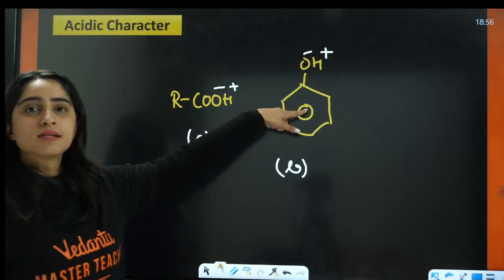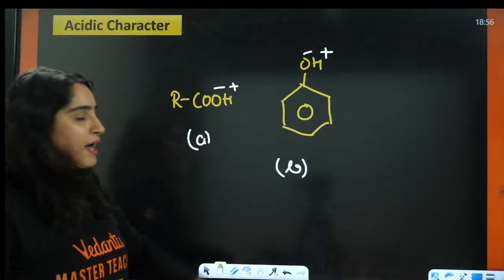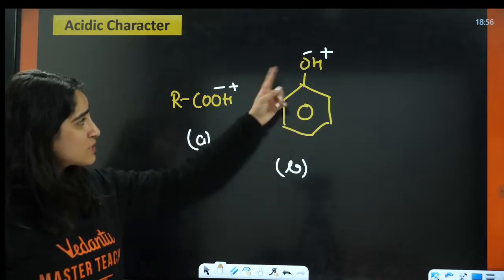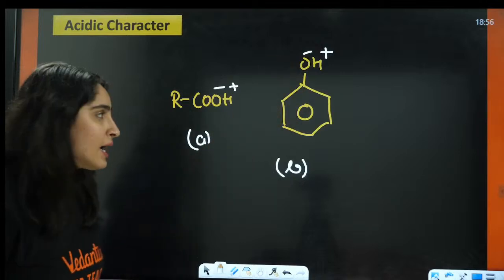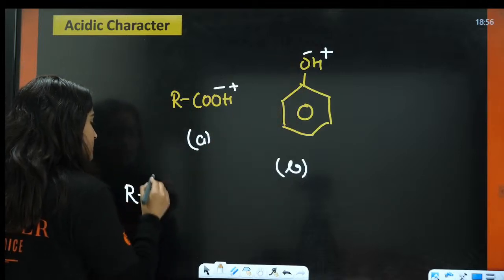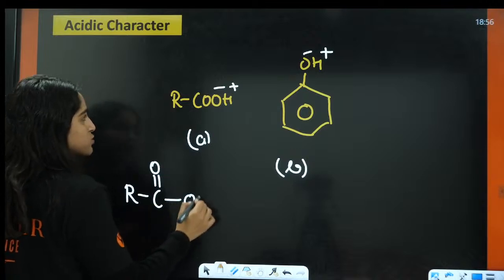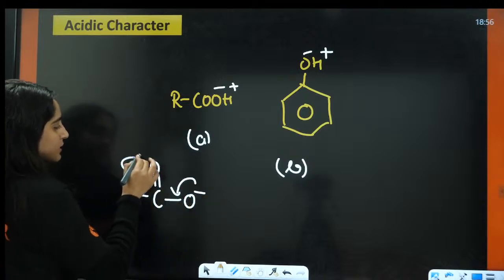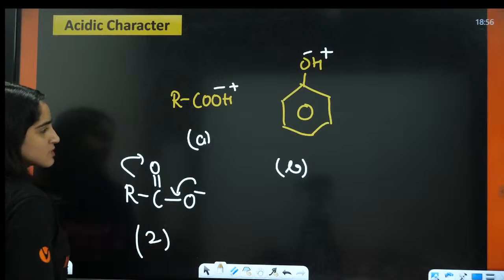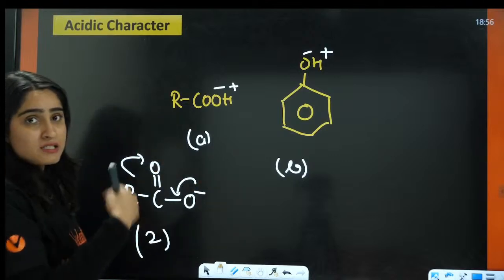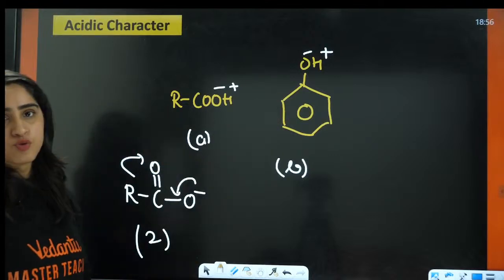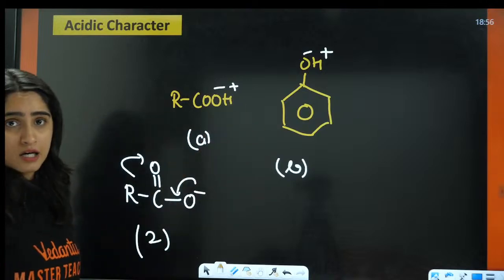Here, ma'am, we can see the resonance. Here, we cannot see the resonance. Here the resonance is throughout the ring. Here we see resonance only like this, not complete resonance. It has only two resonating structures, while this has around 5 resonating structures.